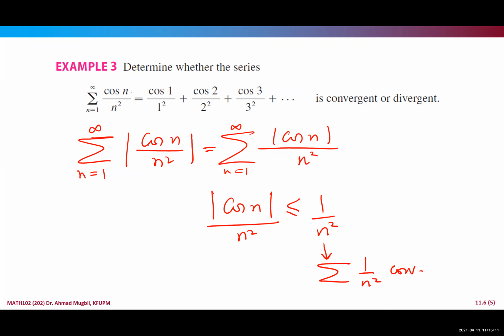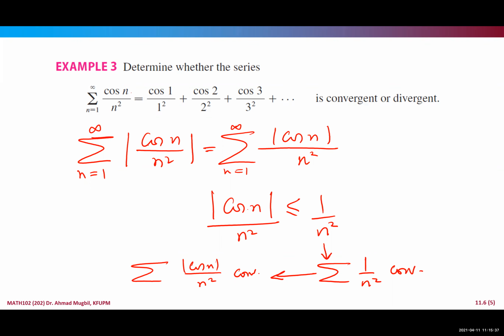This implies that this one is also convergent, by the comparison test. It is less than a convergent one. When it is less than a convergent one, then it is convergent. When it is greater than a divergent one, it is divergent. But for other cases, no conclusion.